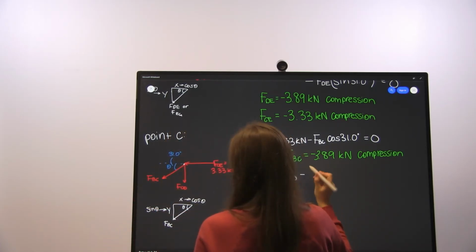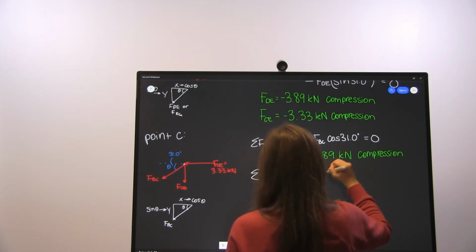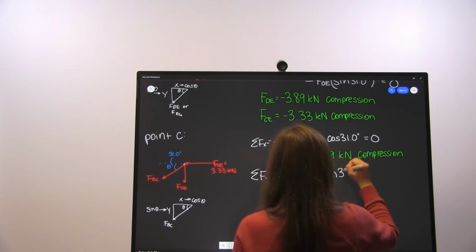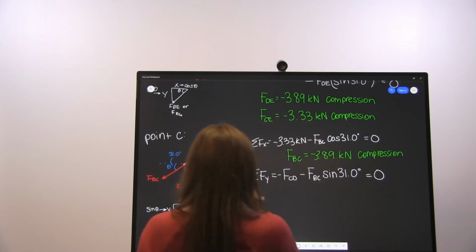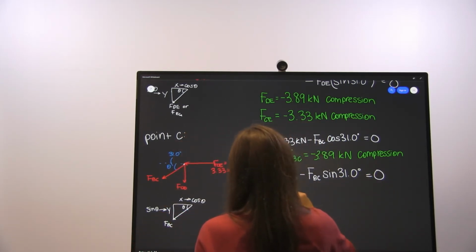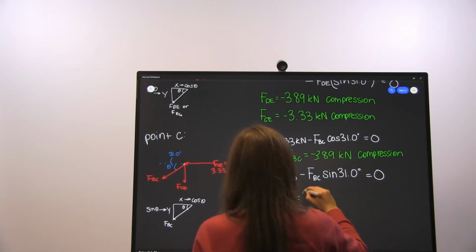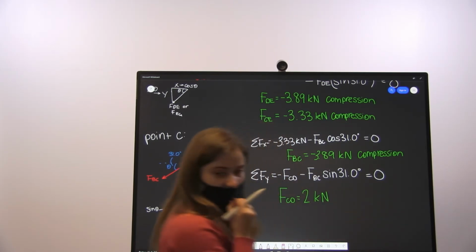So that's also going to be minus force BC times sine of 31.0 degrees. That's equal to 0. And from here we get force CD is equal to 2 kilonewtons. And that's positive, so that's tension.